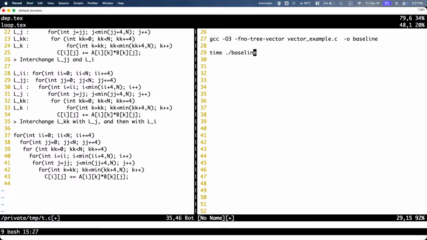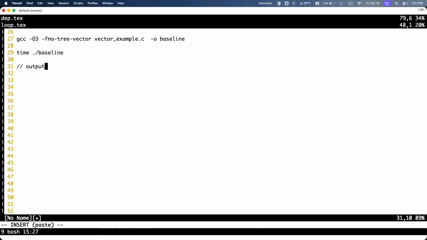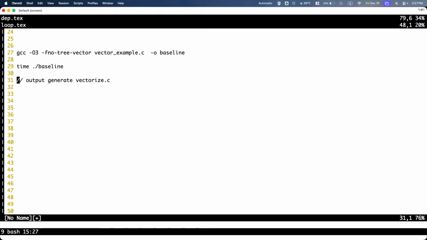Let us say the output you generate is in a file called vectorize.c or vectorize.i, it doesn't matter. Then do the same thing again.